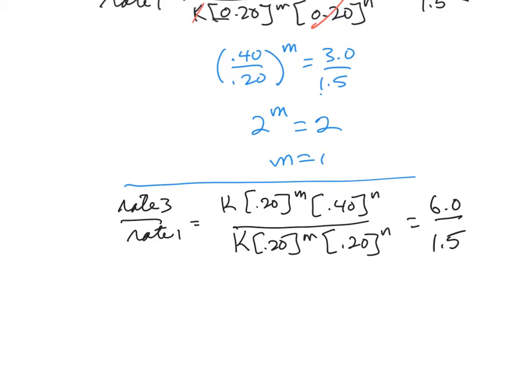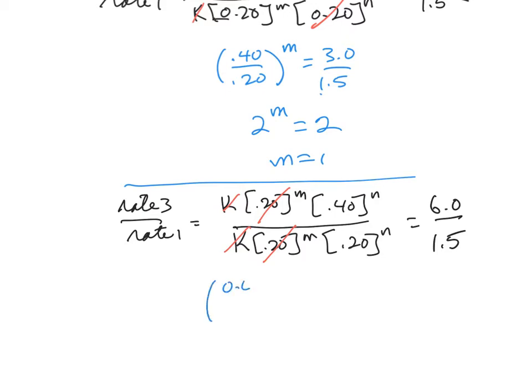So the units I didn't write down for the rate, they cancel anyway, and now you've got the concentrations of the chloromethane canceling. We can look at the water relationship here.